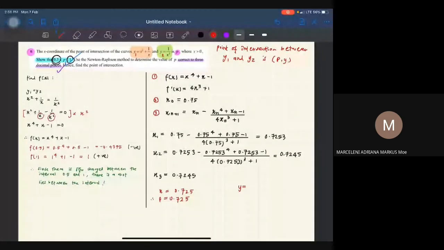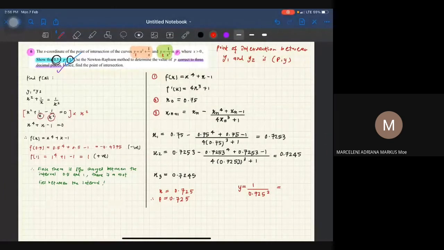So, we have two equations, Y1 and also Y2. Okay, so you can just substitute your value of X into any of those equations. Okay, so saya nak masukkan dekat equation Y2 sebab dia lagi simple. So I have 1 over X, which is 0.725 squared.